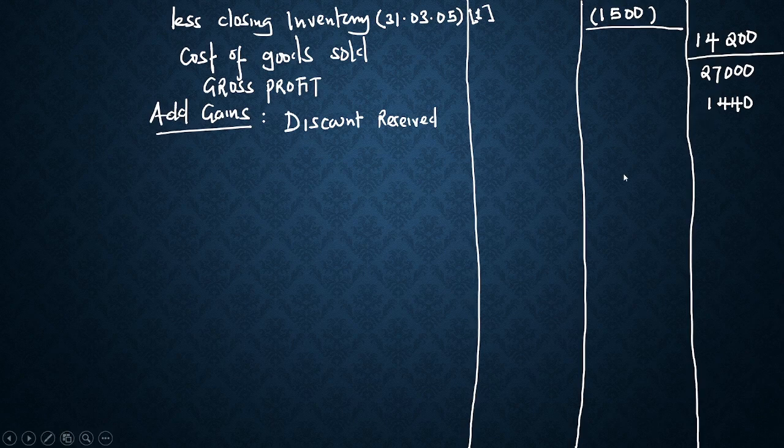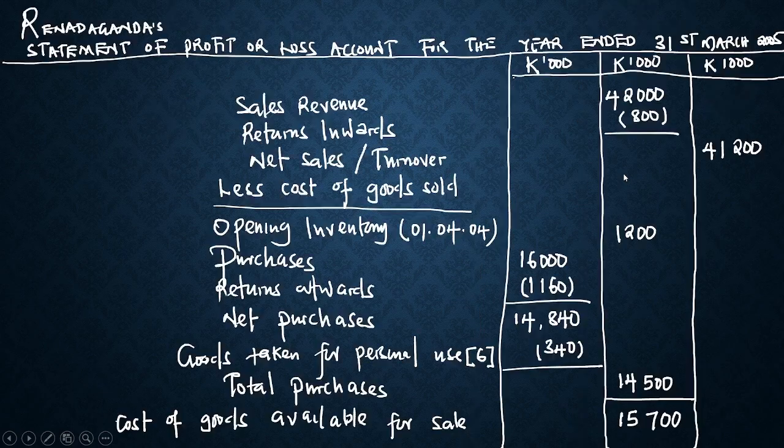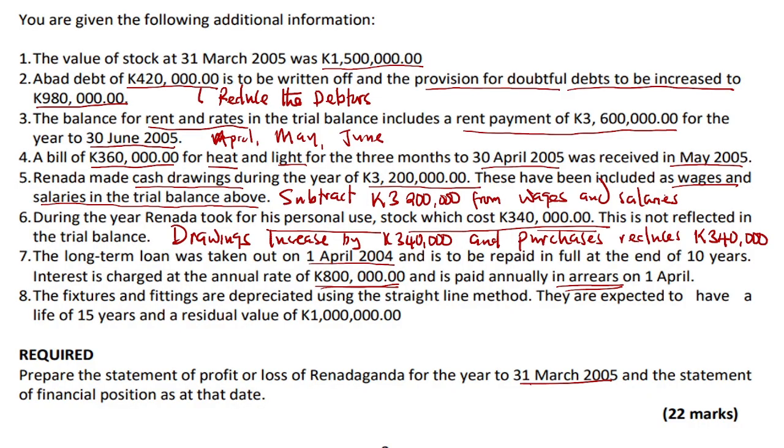Okay. I want to explain something here. We are told that the bad debts we have there, and we have been told that provisions for doubtful debts was to be increased.